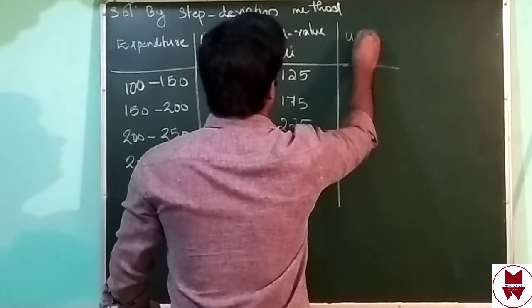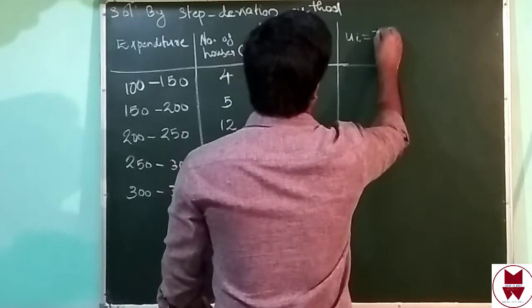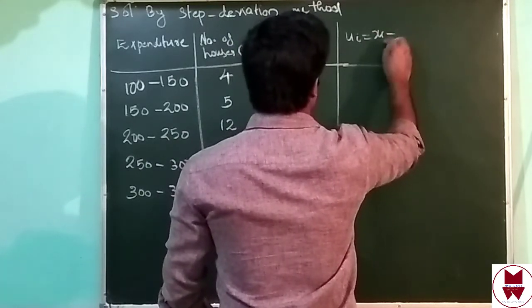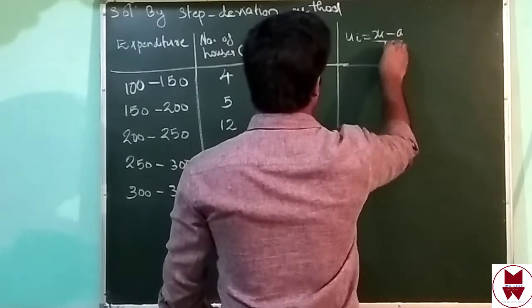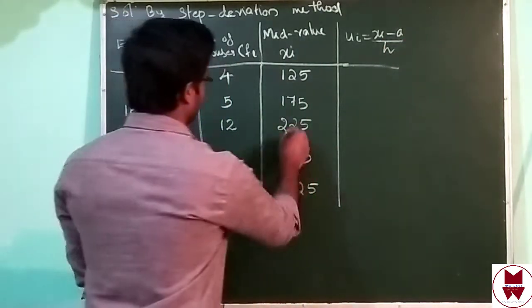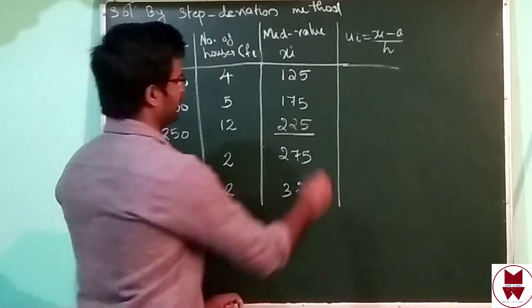Then u_i means x_i minus a divided by h. What is a? Which number will you use? We can use this 225 as the assumed mean.